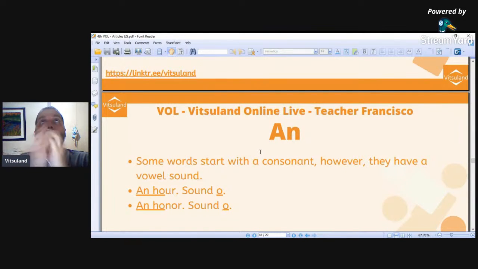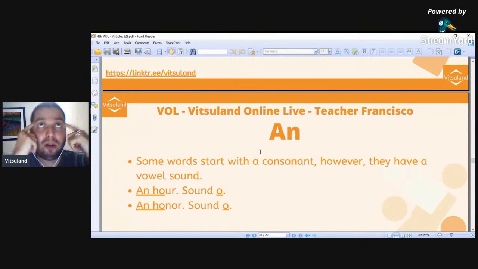So what's the point? What do you have to be aware of when you are writing or saying a word in English and you're going to use an article? You have to think about the sound that the word presents.